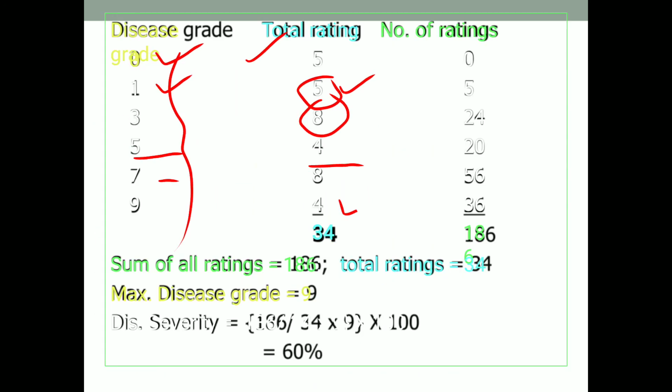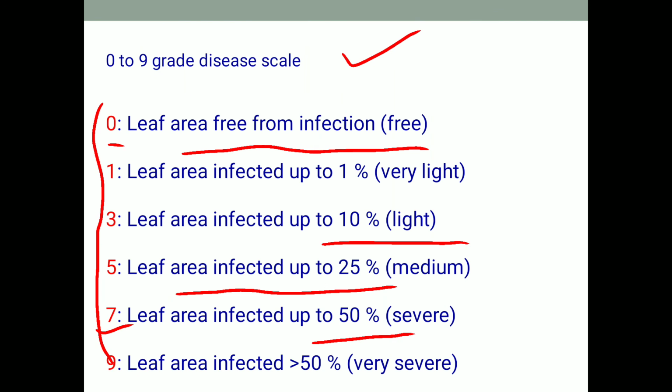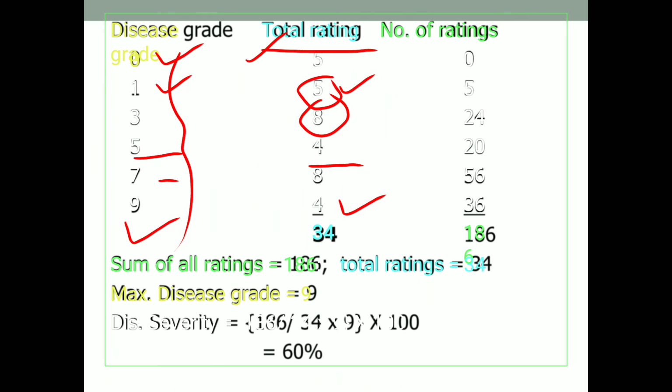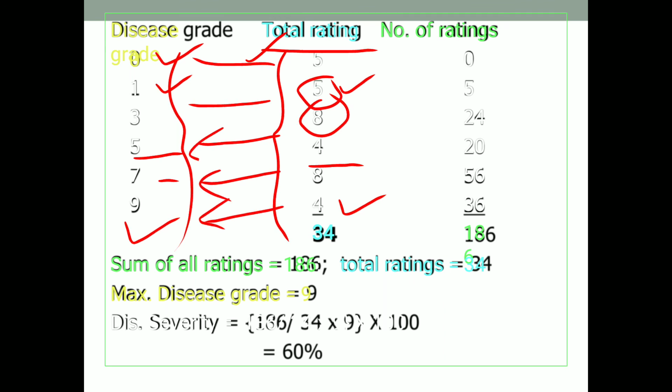And 4 leaves assessed come under grade 9, because more than 50% disease incidence occurred. So this is called the total rating. That means the total number of leaves assessed or observed are categorized into different grades according to the severity of that particular disease.